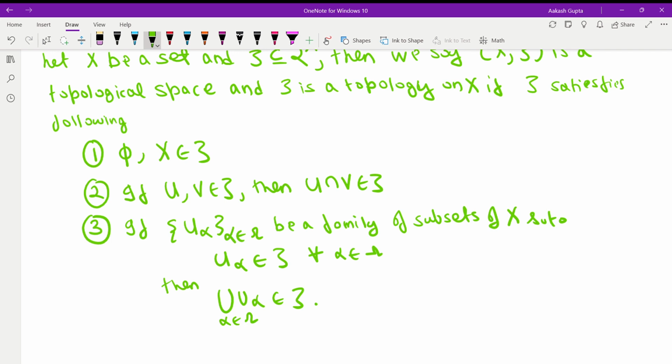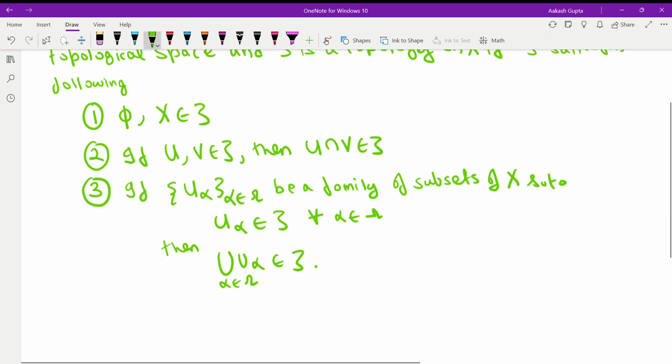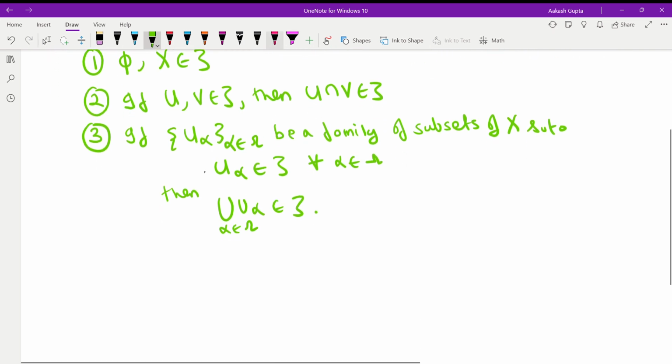And one more thing, if you remember, we have defined the definition of an open set in general. In metric spaces we used balls, but that was not in general. So that motivates me to call the members of tau open sets. So what is an open set?